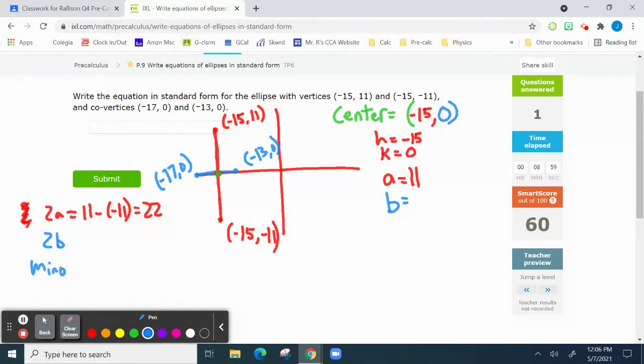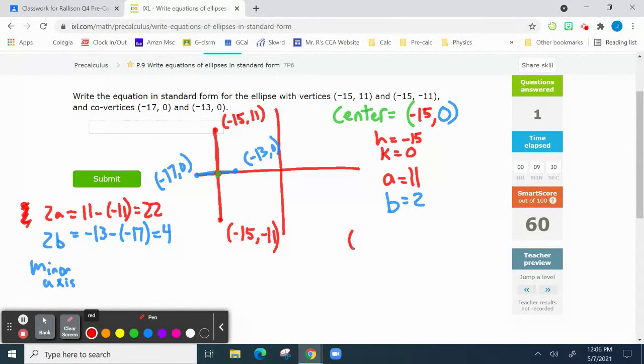I didn't write major axis, probably should have. But we're doing another one, so I don't have to keep writing those, do I? 2b is going to be the minor axis, which was negative 13 minus negative 17, which is going to equal 4. So b is 2. And now we've got everything we need, right? It is going to look like this.